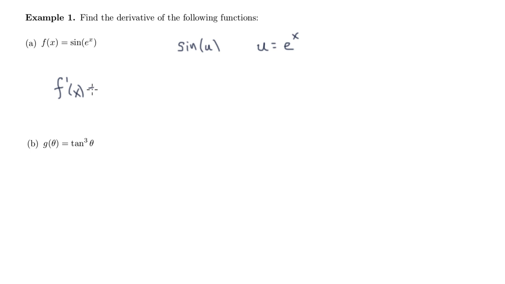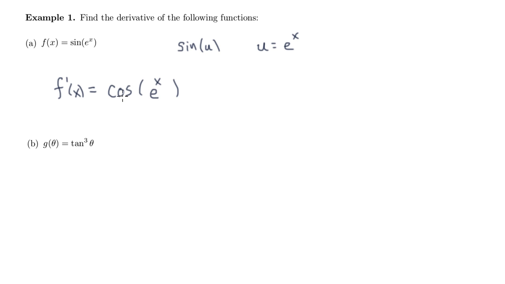And so the idea of the chain rule is really simple. The derivative is just, I ignore the inside part. So I just ignore the u for a moment, and just take the derivative of sine. So what's the derivative of sine? It's cosine. So f prime is cosine, and then I just leave whatever I was taking the sine of. So now it's cosine of e to the x.